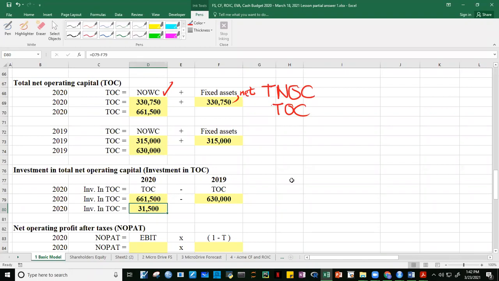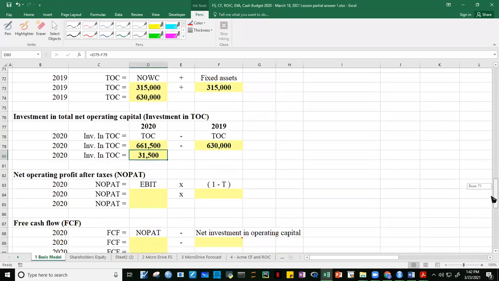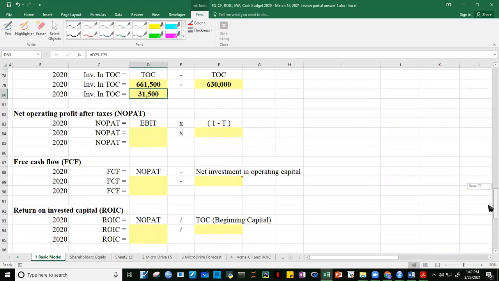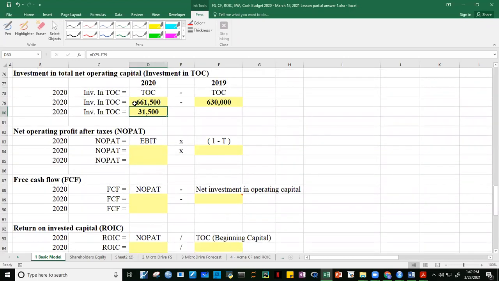Ibig sabihin, management provided the company with an additional 31,500 for its operating capital. And we call it investment in total operating capital.